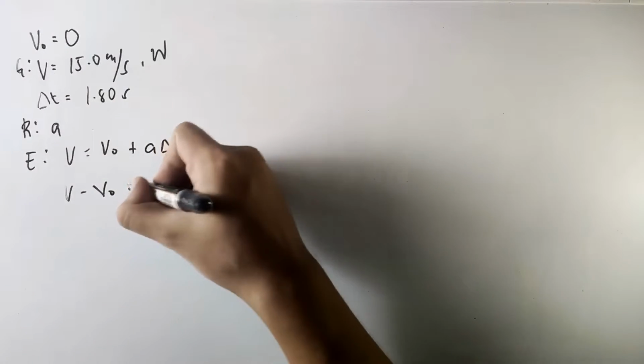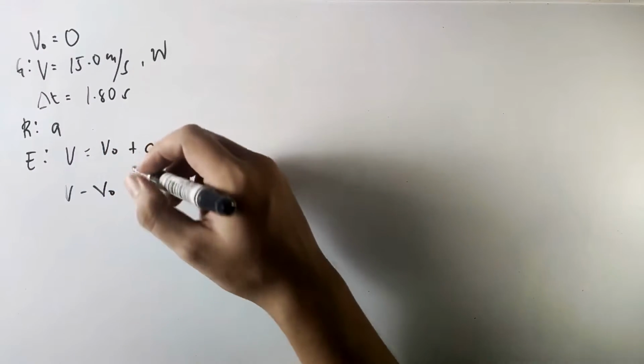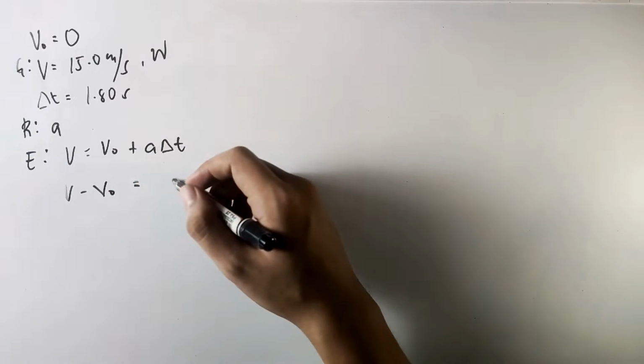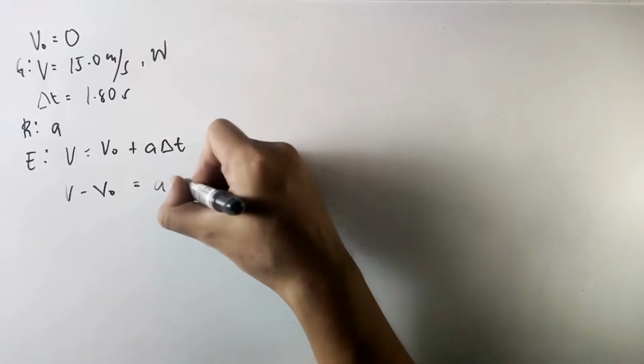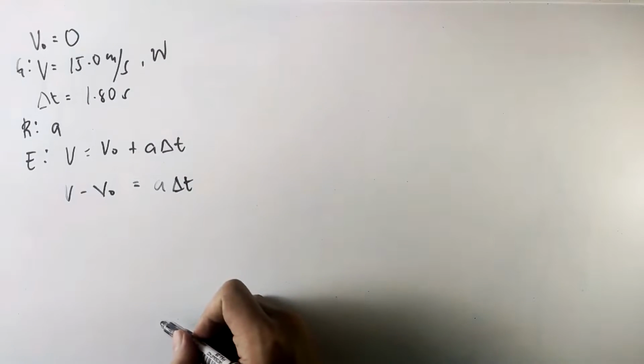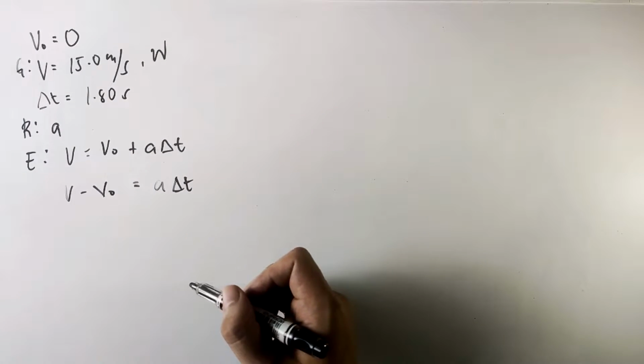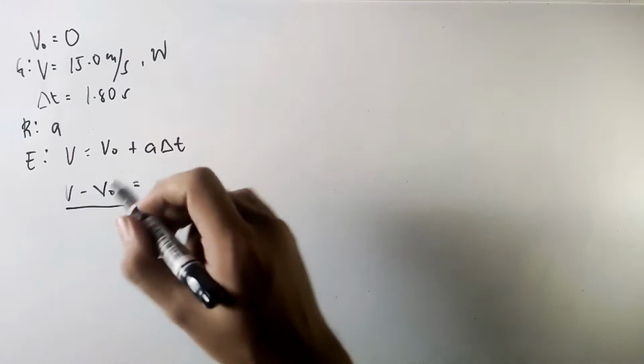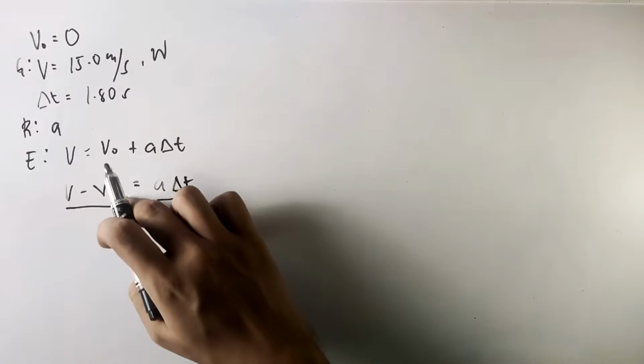Dividing both sides applies only if the operation is either multiplication or division. So this is a delta t, correct? And then since we're looking for a, we want a to remain on that side, alone on that side.